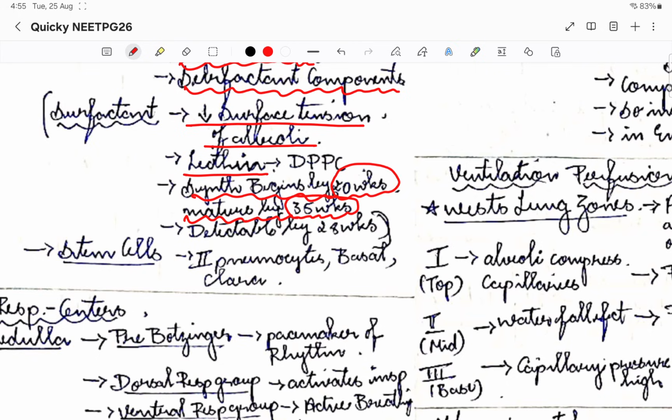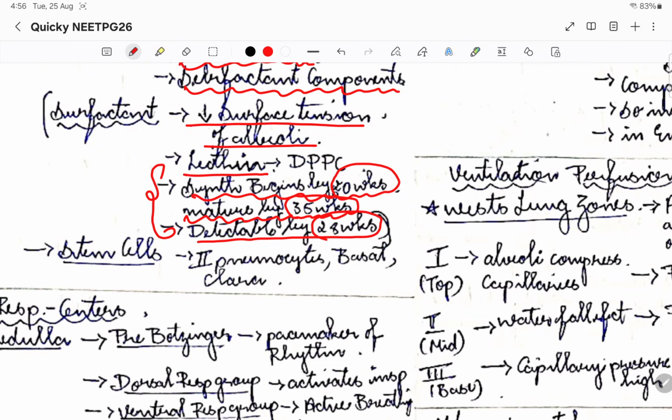And if surfactant is not enough, we do the INSURE technique, which we discussed in pediatrics. It is also detectable by 28 weeks. Please remember all these values, they are all important: synthesis by 20 weeks, maturation by 35 weeks, detectable by 28 weeks.